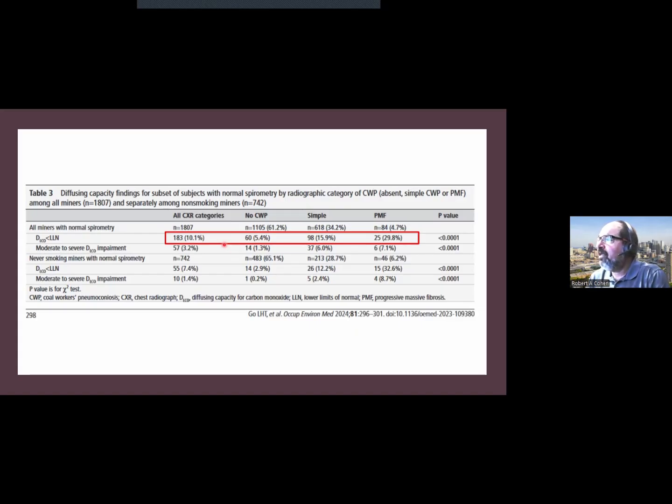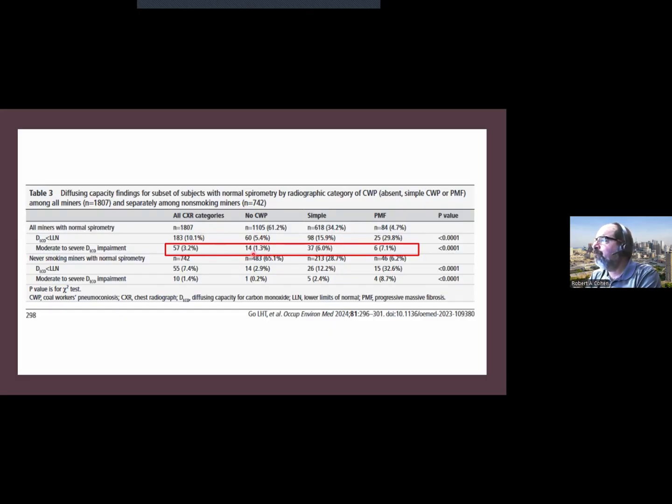And we saw that 10% of all workers with normal spirometry had abnormal diffusion: 5% of workers with no disease, 15% with simple, and 30% with PMF who had normal spirometry had these abnormal diffusion values. And moderate to severe impairment, which would be close to what we would consider disabling impairment for the heavy labor of coal mine work, also had these significant changes.